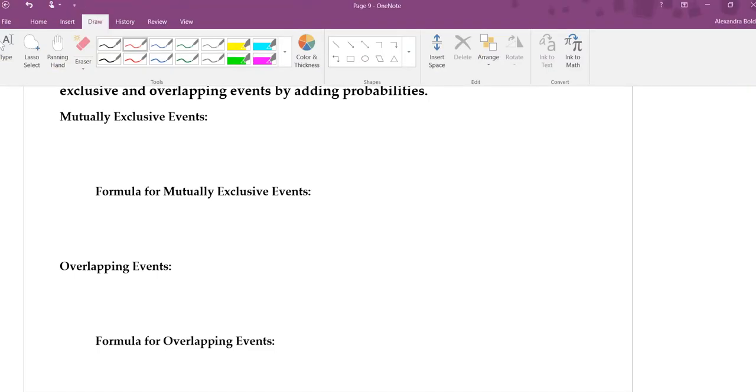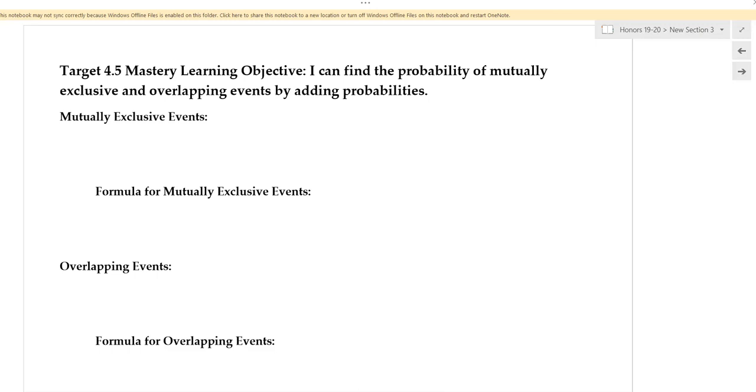Okay. So mutually exclusive events are events that cannot happen at the same time.